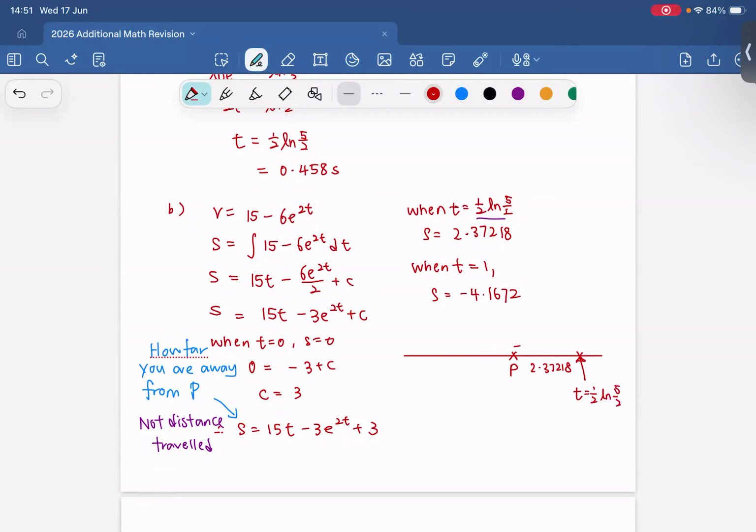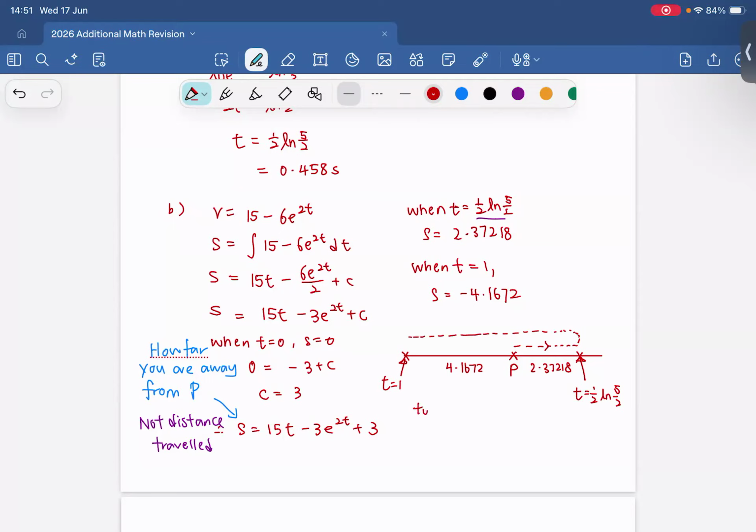So this tells me that the object actually moves like that. Then later when you calculate t is 1, the object is actually negative, so the object is here. This is 4.1672, when t is equal to 1. So how does the object reach here? It will actually turn and then go here.